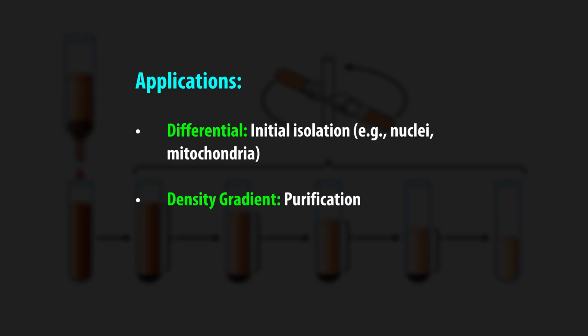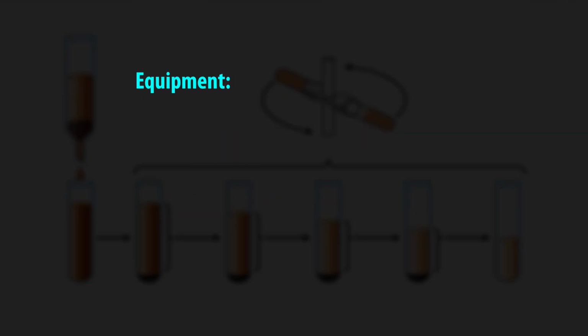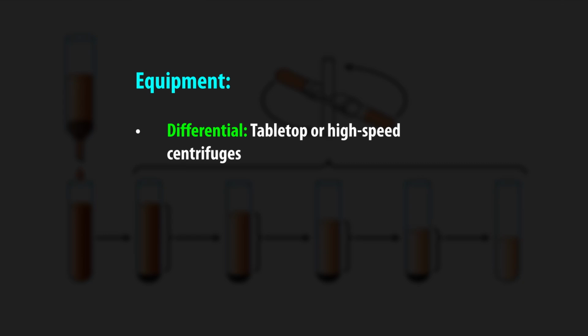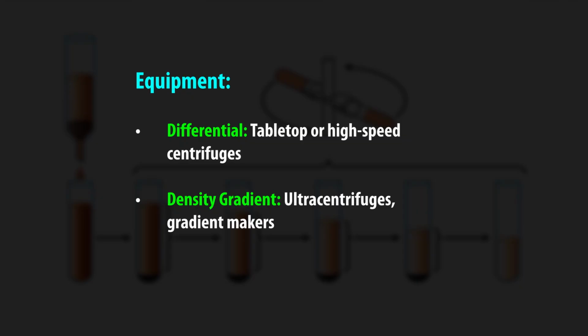Density gradient centrifugation is used for purification, for example, viruses, PBMCs. Equipment. In differential centrifugation, tabletop or high-speed centrifuges are used. But in density gradient centrifugation, ultracentrifuges or gradient makers are used.